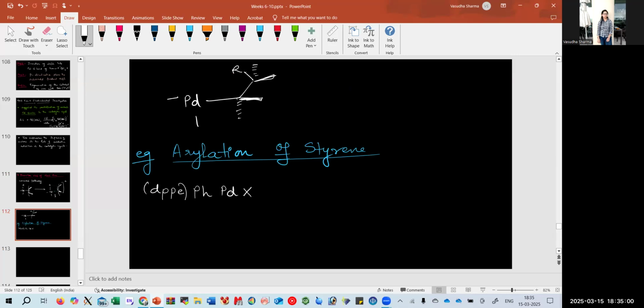There is already a phenyl, and this is our vinylic substrate. Now at the vinylic position, because this is already hindered, if the hindered position has been acted on, it would form this, otherwise it would form a trans PPh like this way.